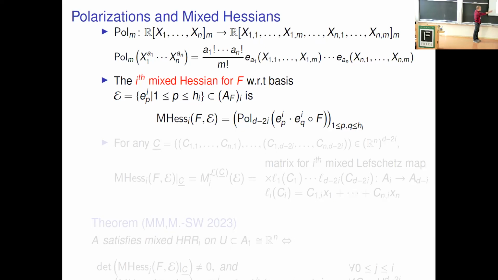And this gives me a matrix whose pq-th entry is a polynomial of degree d minus 2i in the n variables. To get the mixed Hessian, what I'm going to do is polarize those entries. And so now I get this matrix with pq entry, these big polynomials that are square-free in these nm variables. That's my mixed Hessian.